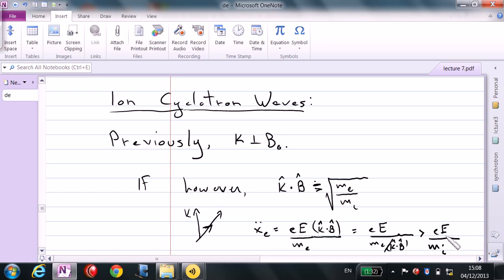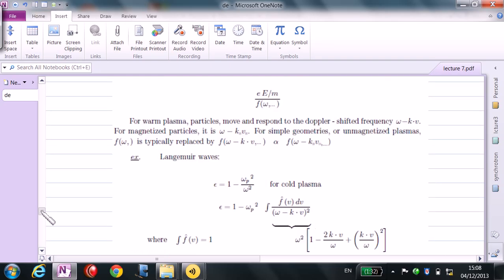In other words, even though they're capturing only a little bit of the electric field, they're still accelerating more rapidly than the ions. So, therefore, the electron term dominates.